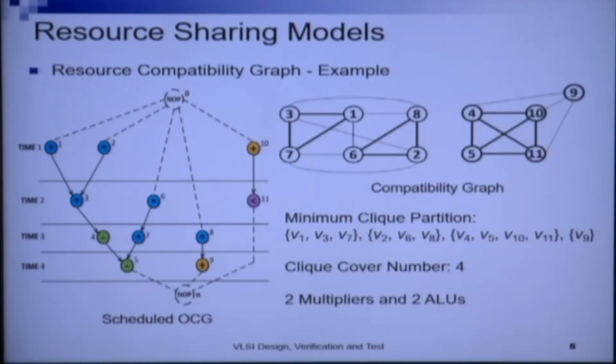So, V1, V3 and V7 form a clique, V6, V8 and V2 form another clique, V4, V5, V11 and V10 form another clique, and V9 forms another separate clique. This is the minimum clique cover that we have. The minimum clique cover has 4 cliques, and indeed we require 2 multipliers and 2 ALUs for the scheduled operation constraints graph.